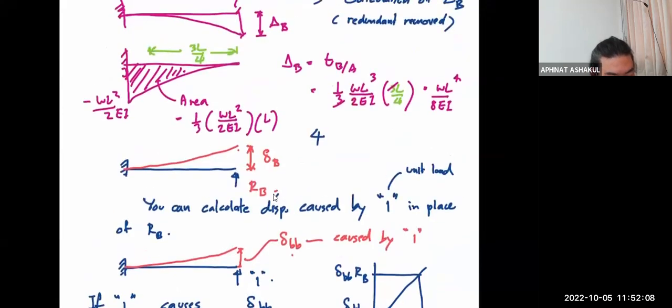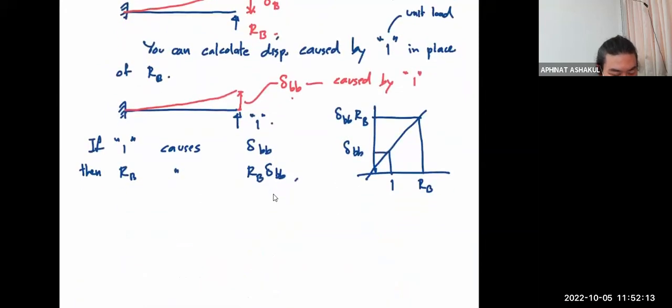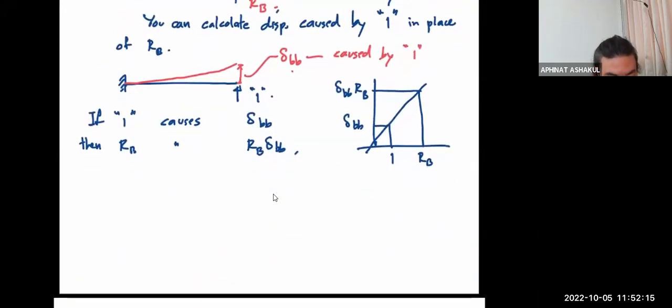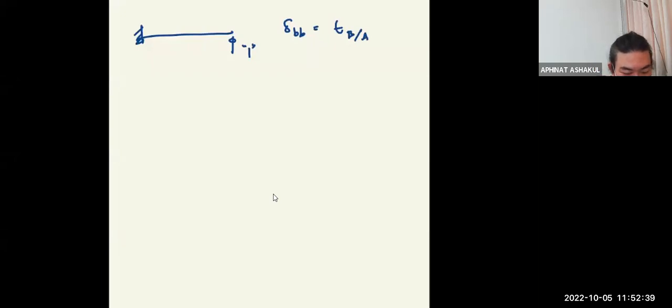So for number 4 here, I can do both, just to show you. Let's say the load is 1. Now we are going to do the same. Delta BB is again TBA. So I'm going to have to draw the bending moment diagram.